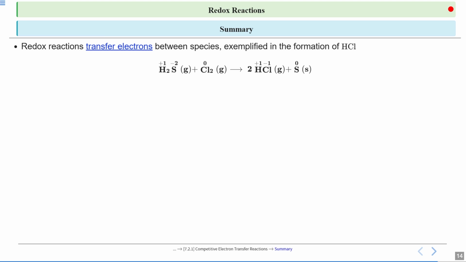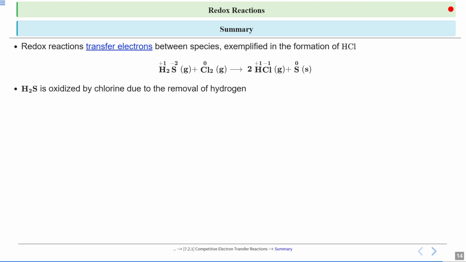And the compound which has been oxidized is considered a reducing agent, while the element or compound which has been reduced is considered the oxidizing agent. So I hope now the electron transfer reactions are clear to you, that redox reactions transfer electrons between the species.